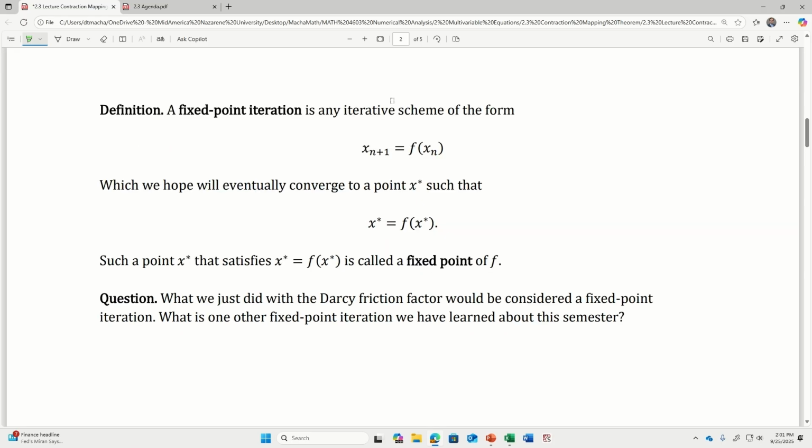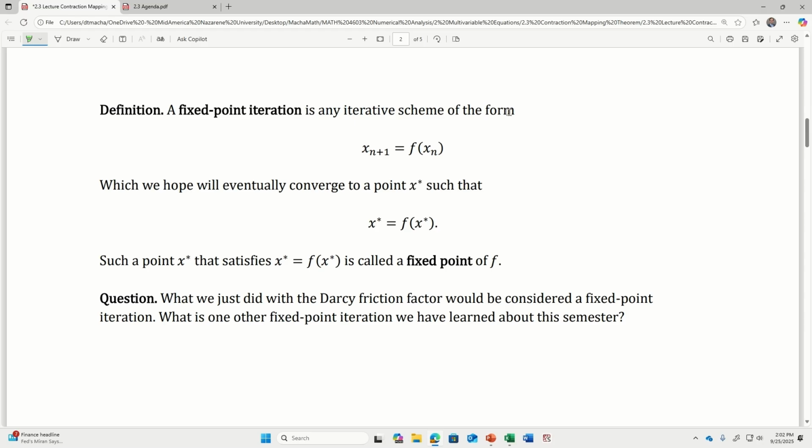The technical definition of fixed point iteration is an iterative scheme of this form where you generate a new iterate by evaluating a function of your previous iterate. We hope that this is eventually going to converge to a fixed point.